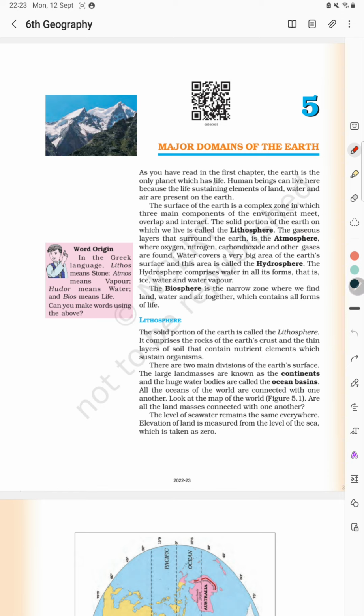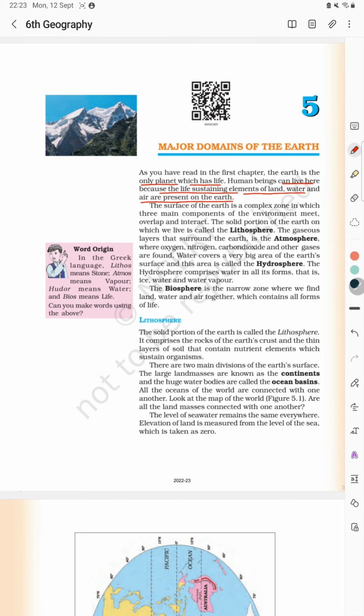As you have read in the first chapter, the earth is the only planet which has life. Human beings can live here because the life sustaining elements of land, water, and air are present on the earth.